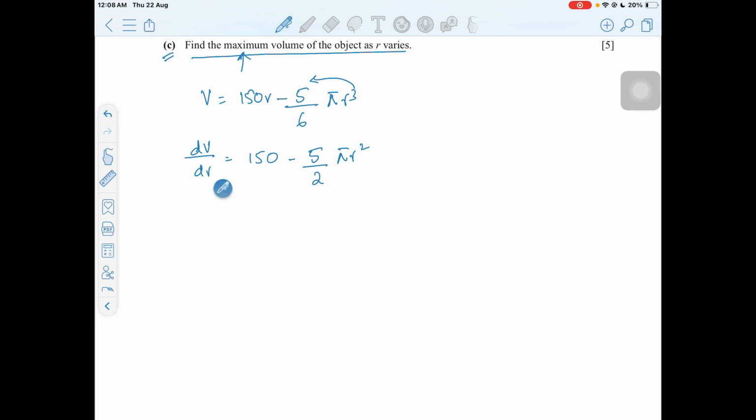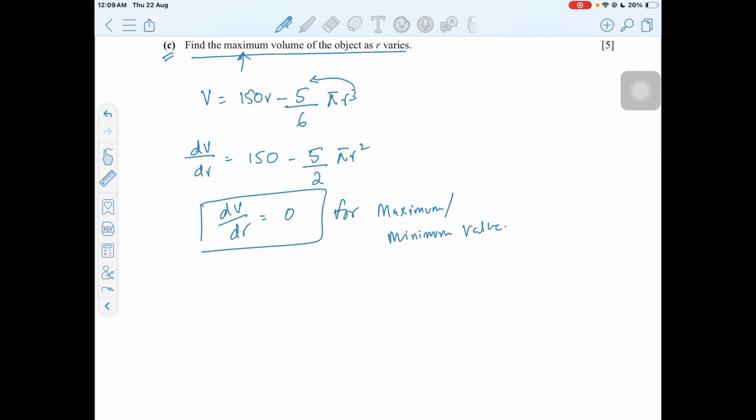dV over dr is equal to 0 for a maximum or minimum value, right?